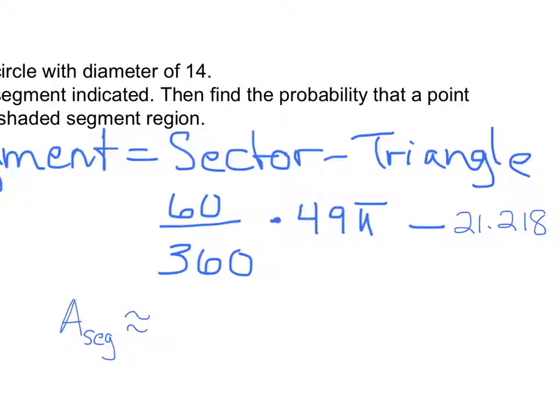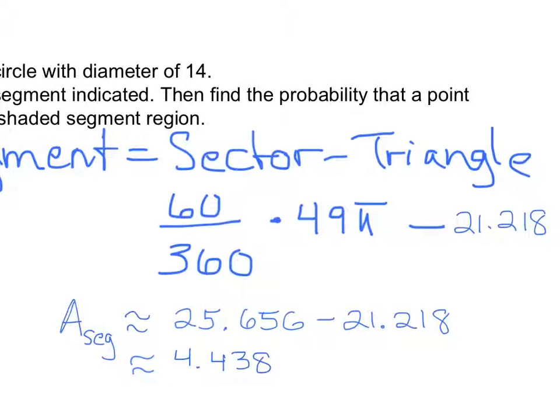So if I'm doing an approximation for the area of the sector, I get approximately 25.656. And from that, we're going to subtract 21.218. And so the area of my segment is approximately 4.438, and this is an area, so make sure you have units squared.